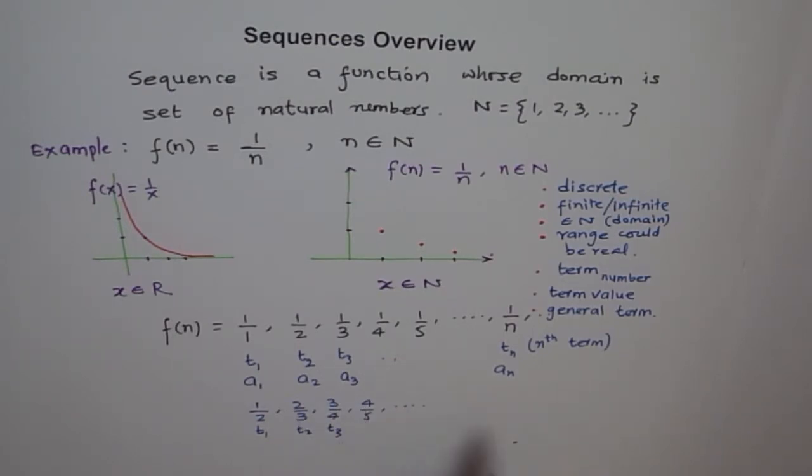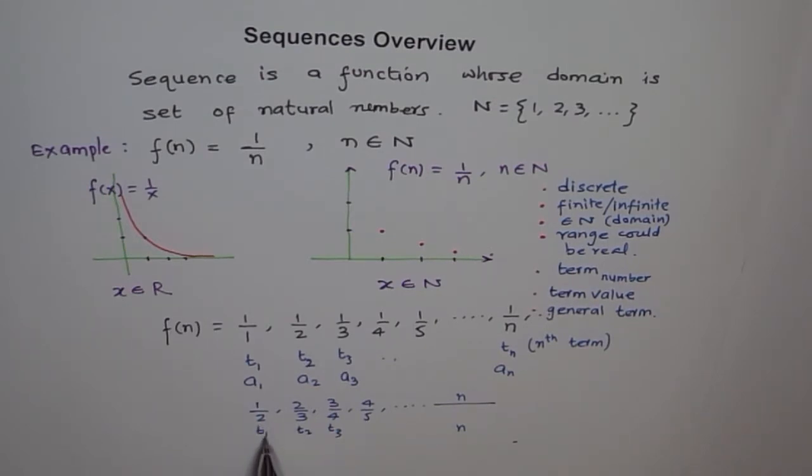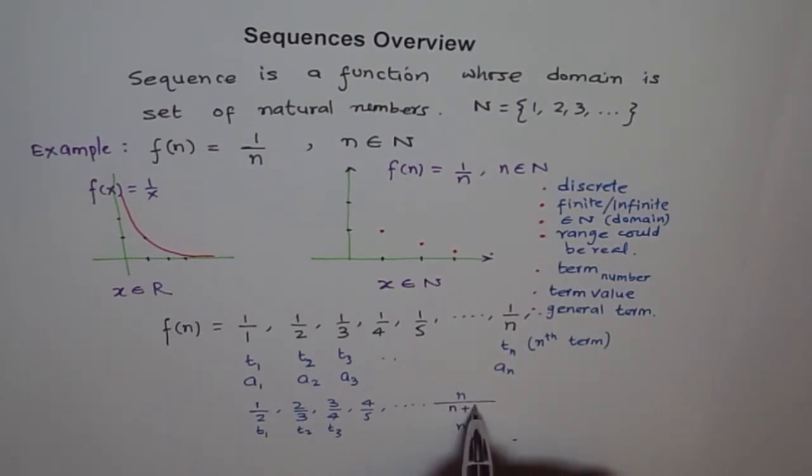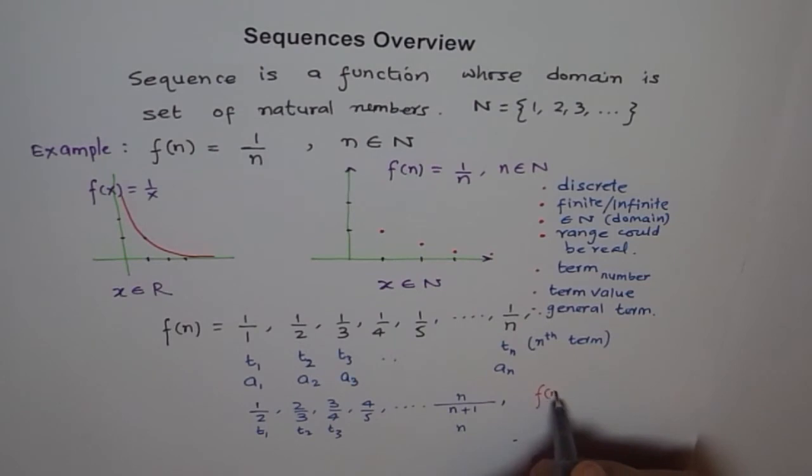So I can write n in the numerator. How about the denominator? The denominator is 1 more than the term number: 2, 3, 3, 4. So I could write the denominator as n plus 1. That becomes the nth term for us. So if I know the nth term, I can define my function. In this case, I can define my function as f of n equals n over n plus 1.